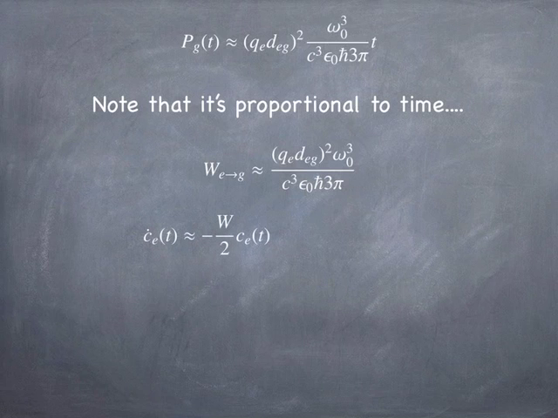You can approximate the rate of change of the amplitude to be in the excited state as half. Remember, it's got to be a half because the probability goes like amplitude squared, and so that gives you a differential equation to get the amplitude to be in the excited state.